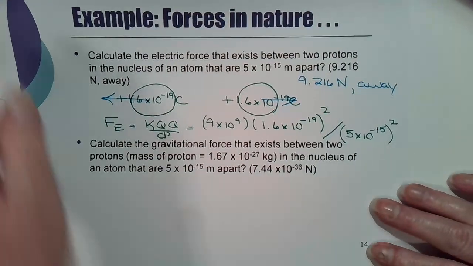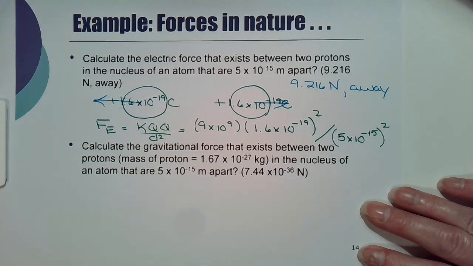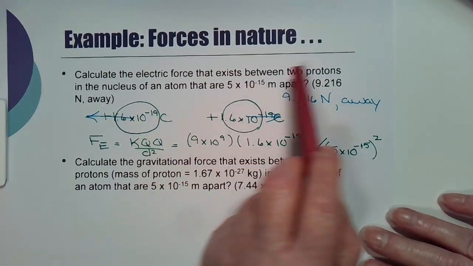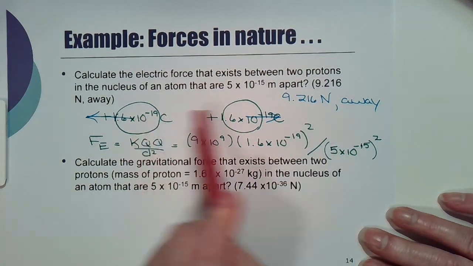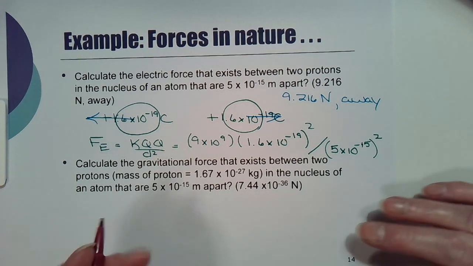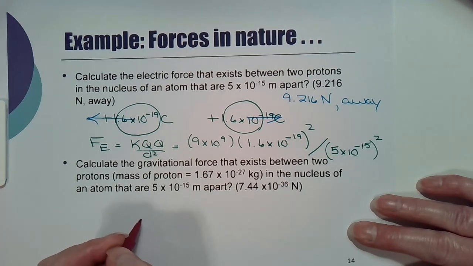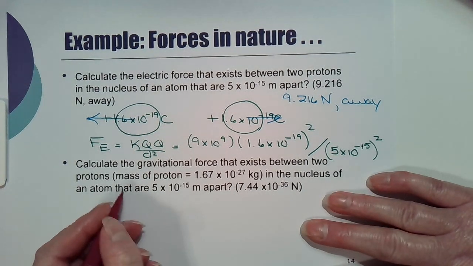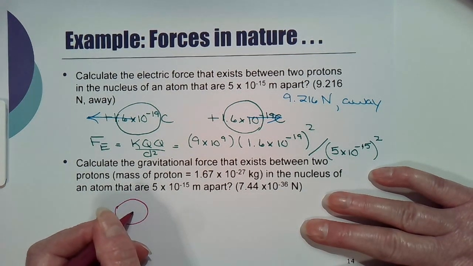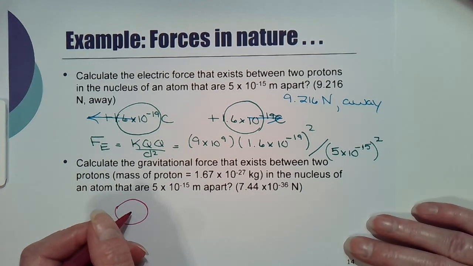All right, so now let's do the gravitational force of attraction. So not only are protons charged particles, protons are also masses. So now I'm going to draw a picture of the mass of a proton. So here's the mass of a proton. And I now have to write in the mass of a proton.